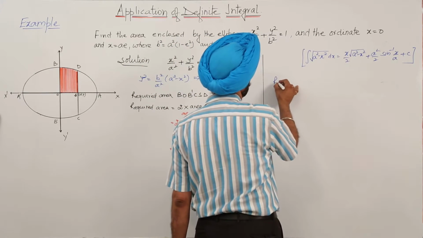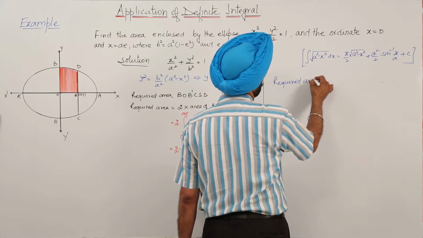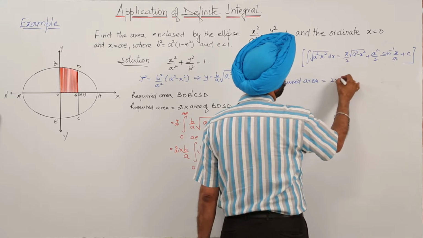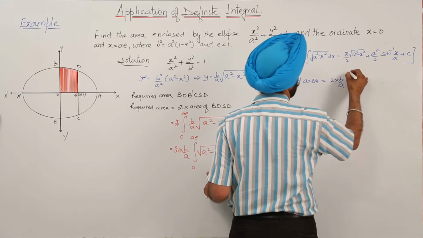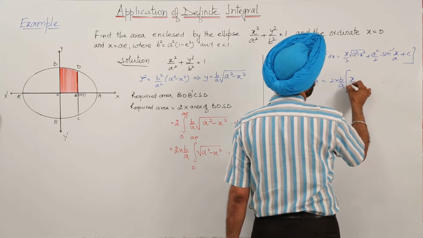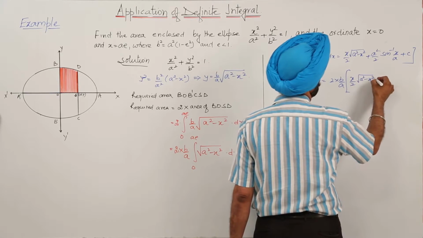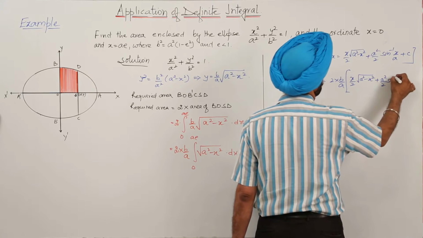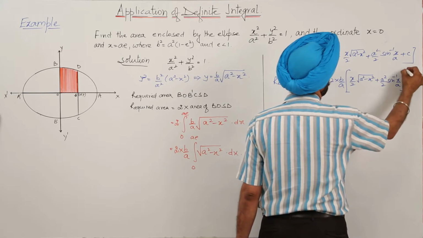So, we are having required area is equal to 2 into b upon a, x upon 2 square root of a square minus x square plus a square upon 2 sine inverse x upon a, from 0 to ae.